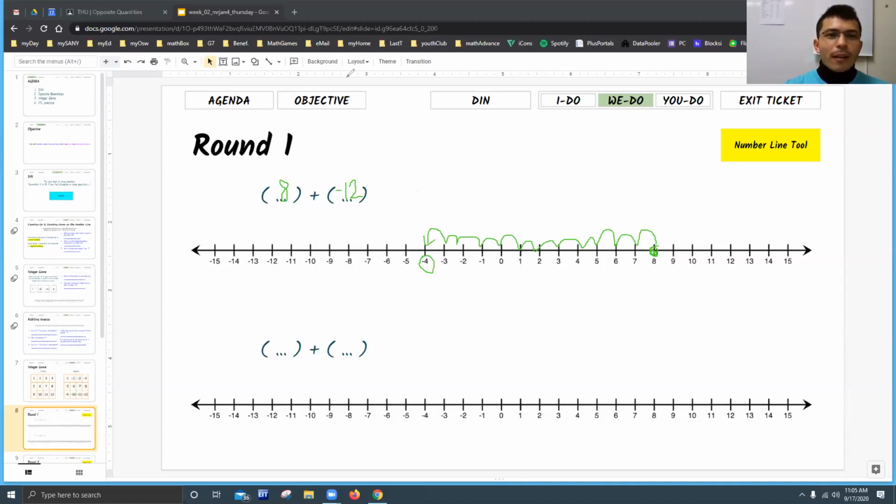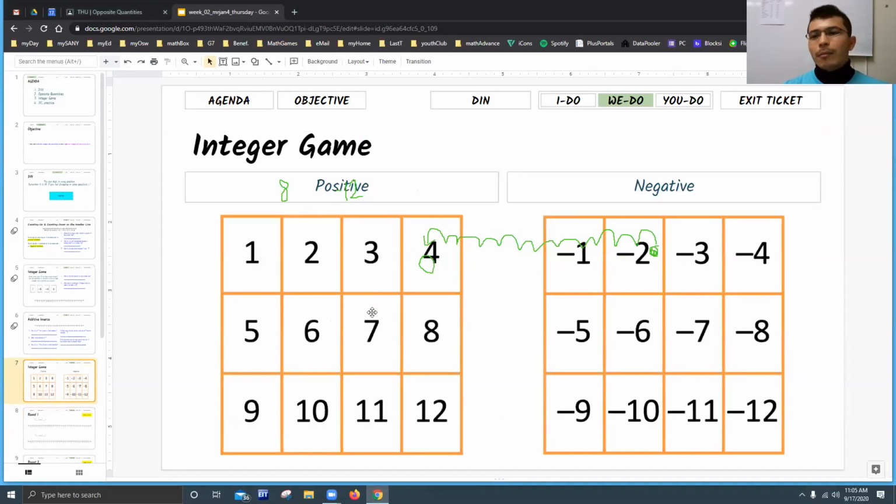Okay, so next thing. Tell me a number on the positive cards, and tell me another number on the negative cards. 12, and on the negative number? Negative 1? Yeah, let's go with that.